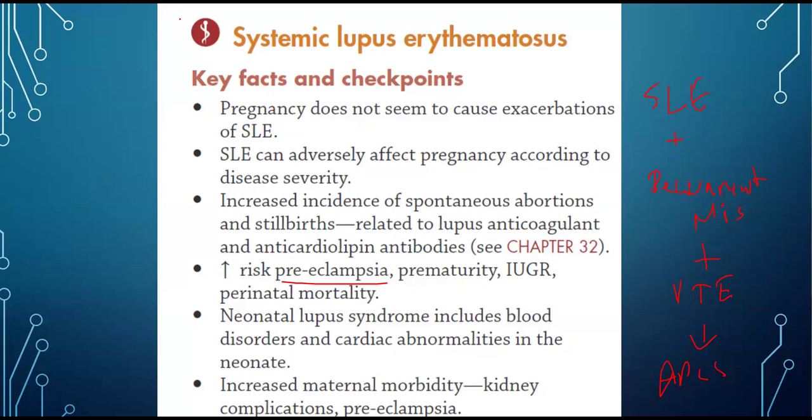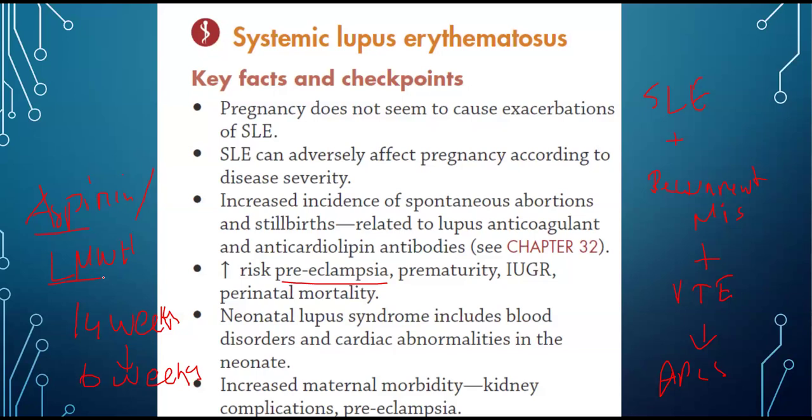So SLE patients have a high risk of thrombosis. So for an SLE patient who is pregnant, to reduce the risk of venous thromboembolism, you will put this patient on aspirin or low molecular weight heparin from 14 weeks of pregnancy until 6 weeks postpartum.